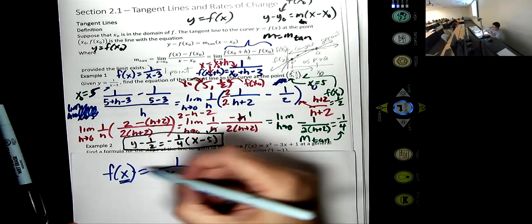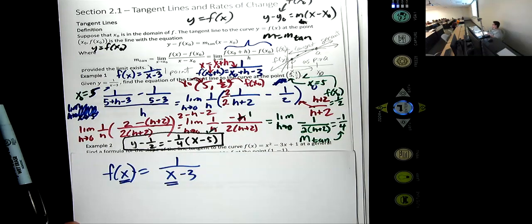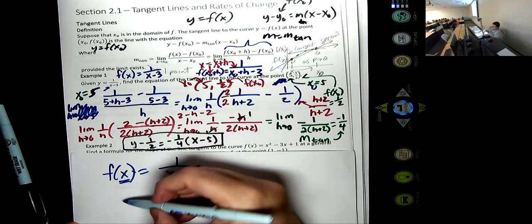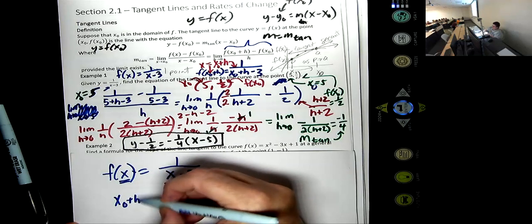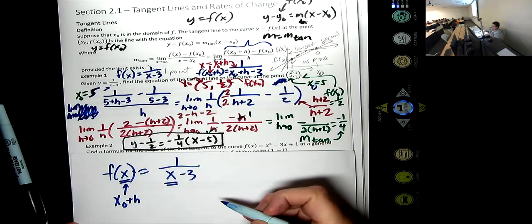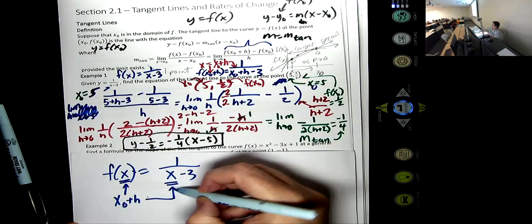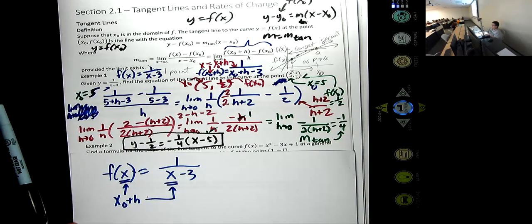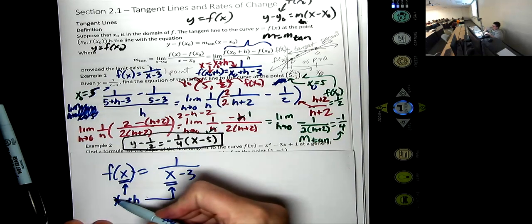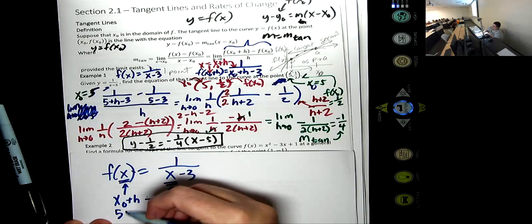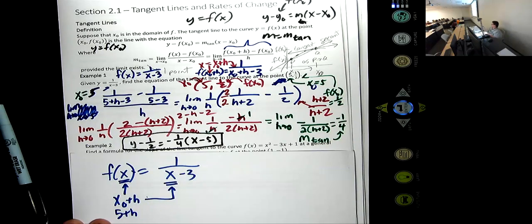This x is this x. So if I take x naught plus h and plug it in there, I have to replace it for every x in the actual function. Is that the question? Because then we had x naught was 5, so this was actually 5 plus h that I was plugging in.